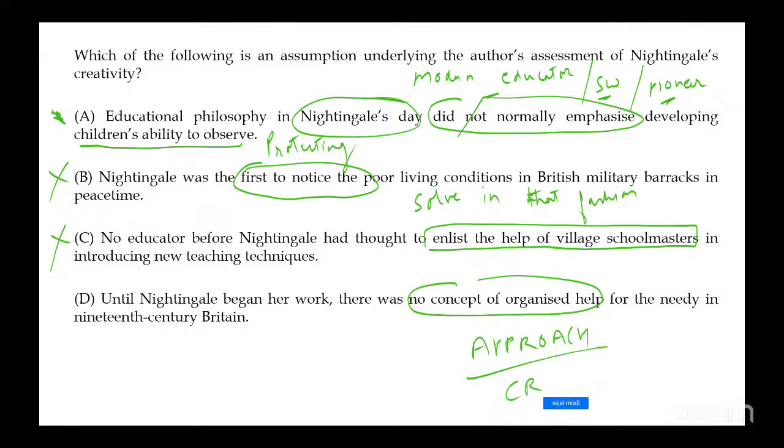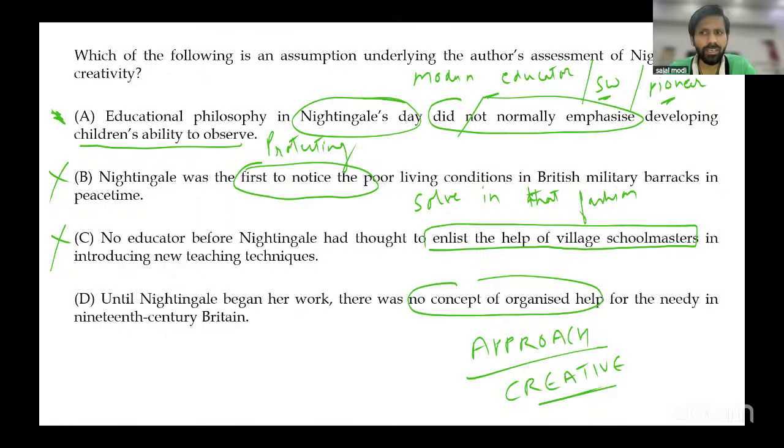And that's where she was creative, right? Even if, for example, the concept of organized help was there, but it was not being practiced in the same way as Nightingale envisioned, or as Nightingale approached it. And that's the focus, right?